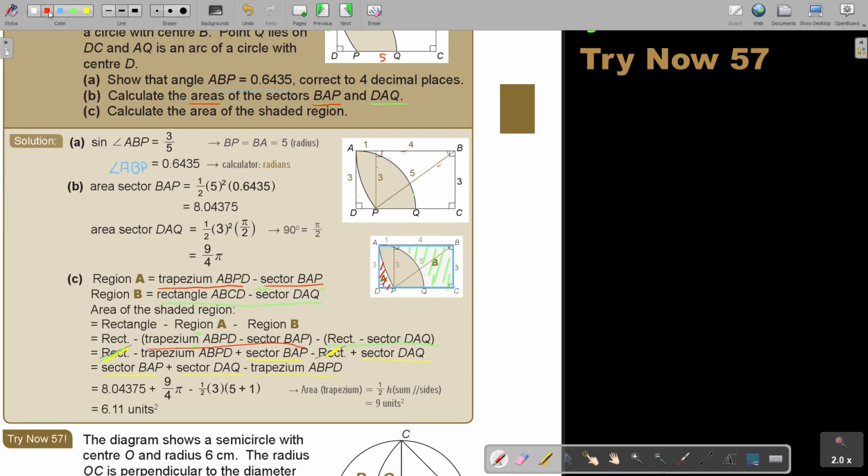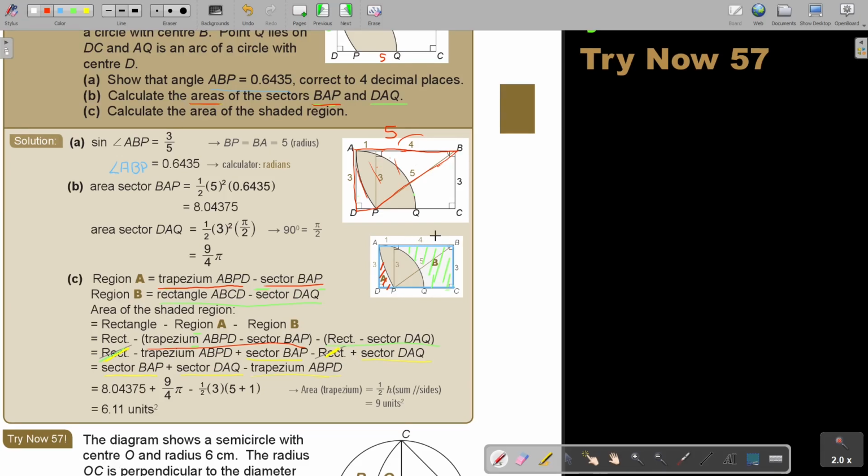So this is my trapezium, ABPD, A, B, P, D, so this is my parallel sides, which is 5 there, 5. And if I look at this one, sum of parallel sides, this is going to be 1. Okay, let me see, where did I show that to you? Oh, there I showed it to you. That is going to be 4. Okay, do you see there?